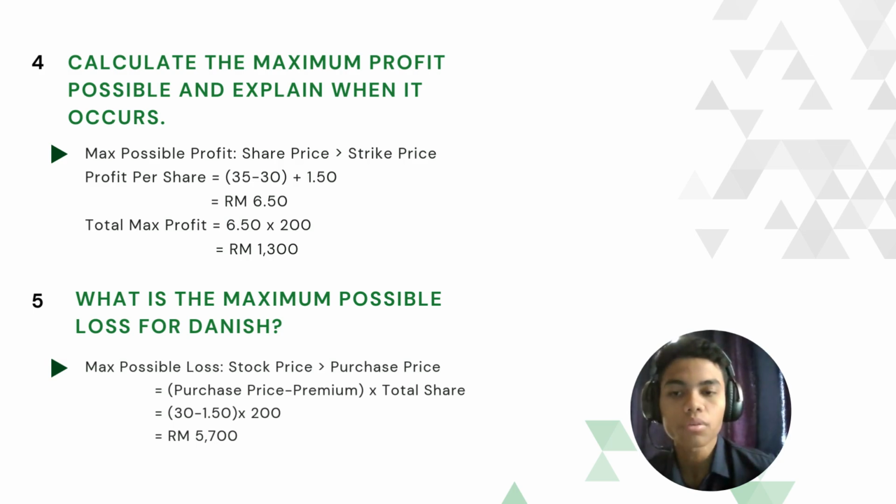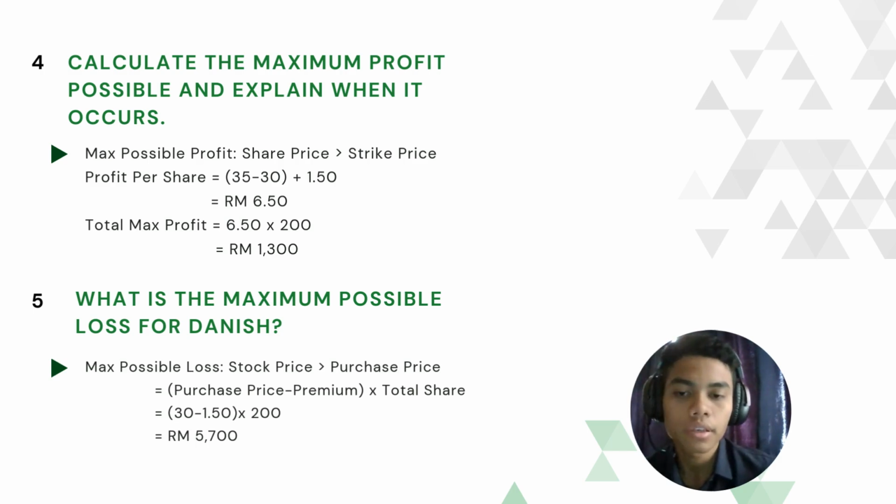For question number 4, the profit per share is 35 minus 30 plus the premium 1.5, so we get the maximum profit of 6.5 ringgit per share. Multiplying by the 200 shares, the maximum profit we can get is 1,300 ringgit.